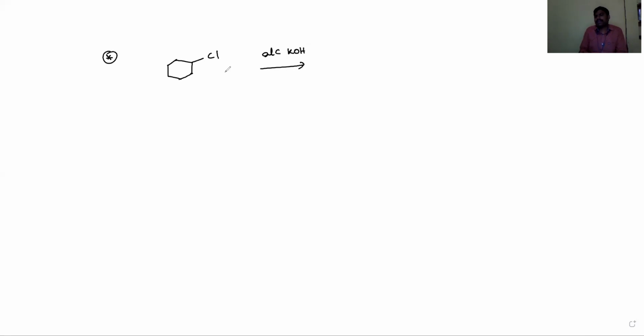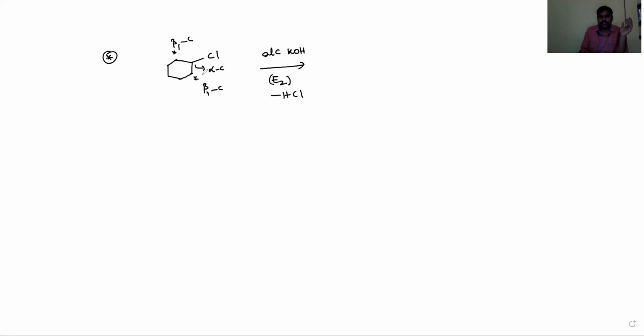whenever it is 1-chlorocyclohexane, the elimination always takes place by the E2 mechanism only. We get loss of HCl, because here we have only one kind of alpha carbon and the adjacent beta carbons, this is beta 1 carbon and this is also beta 1 carbon.